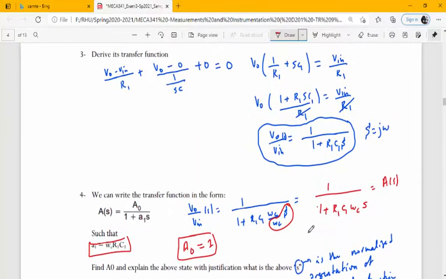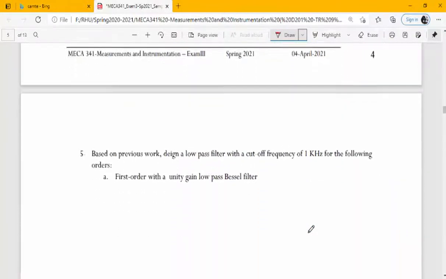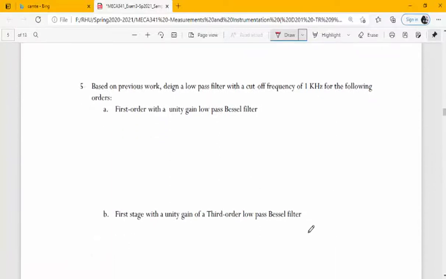Now we designed our low pass filter. We want to get this filter into practice, okay. Now we are asked to design a low pass filter with a cutoff frequency of 1 kHz. We are given the cutoff frequency, okay, so the cutoff frequency is equal to 1 kHz for the following orders.